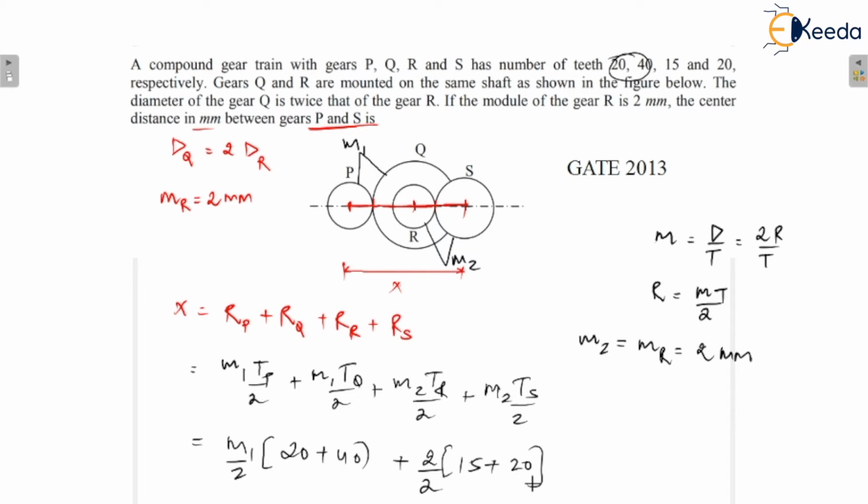Now we have to find the module for mating gears P and Q. How can we calculate it? We will use the given data. See, dq is equal to 2 into dr, so we can write rq is equal to 2 into rr.